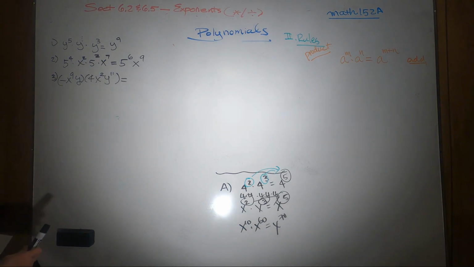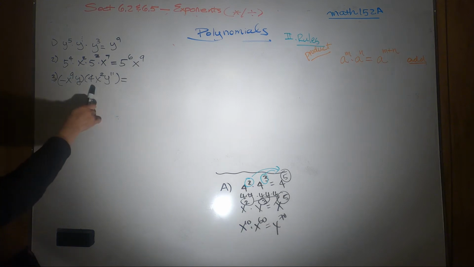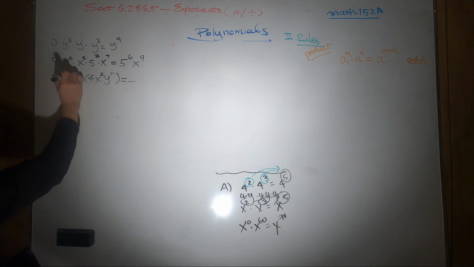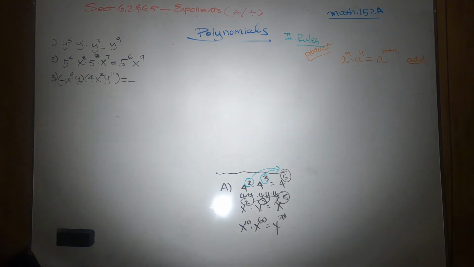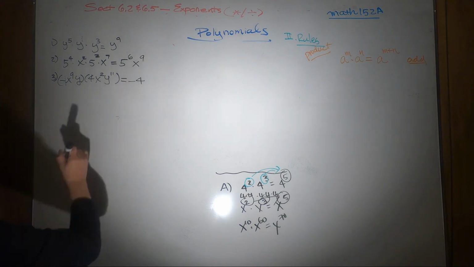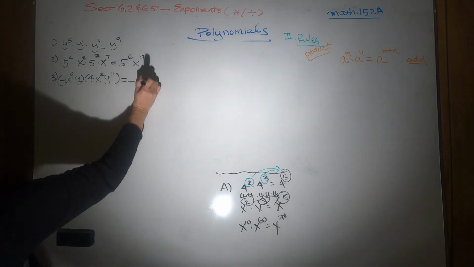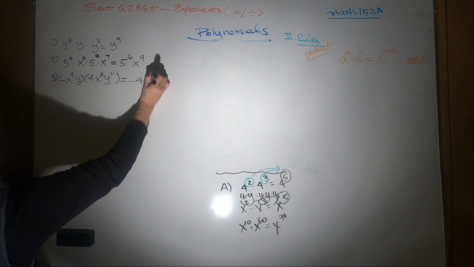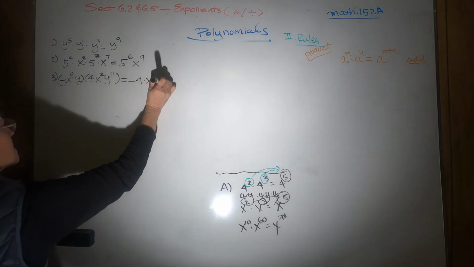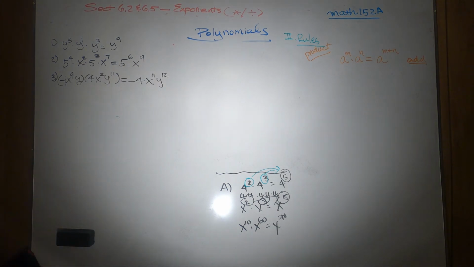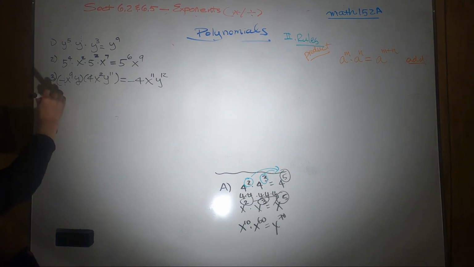Okay, so you take care of the sign first. Negative times positive is what? Negative. How about number? You have nothing here. That means invisible 1. So 1 times 4 is 4. Then how many x's? 9 and 2. Total would be 11. How many y's? 1 and 11. That would be 12. Right?